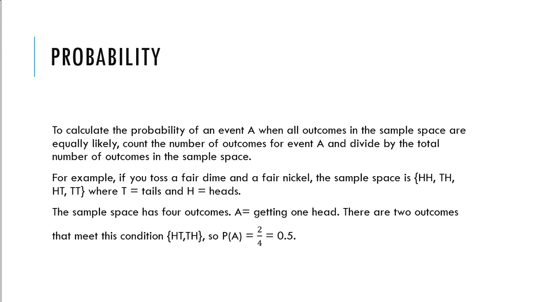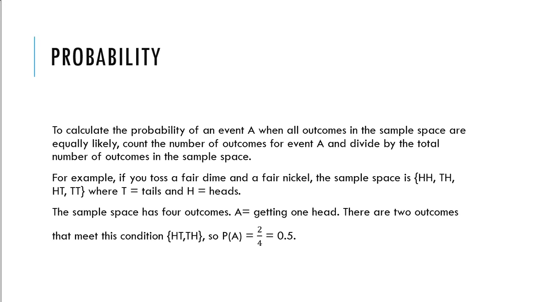So to calculate the probability of an event where all the outcomes in a sample space are equally likely, count the number of outcomes for event A and then divide by the total number of outcomes in the sample space. For example, if you toss a fair dime and a fair nickel, the sample space would be heads on the nickel and the dime, tails on the dime and head on the nickel, head on the dime and tails on the nickel, or tail on the nickel and tail on the dime, where T is tails and H is heads.